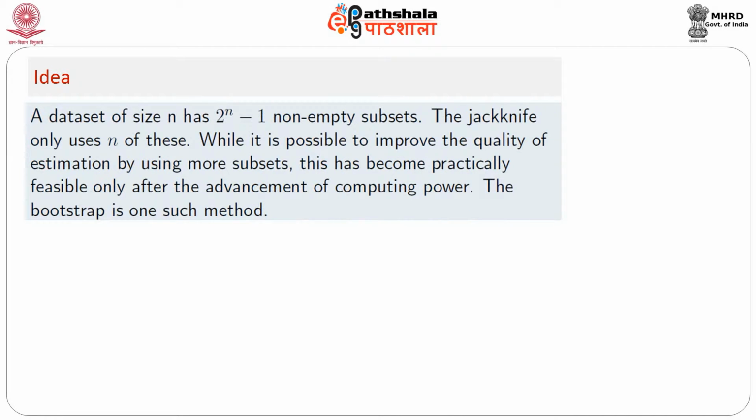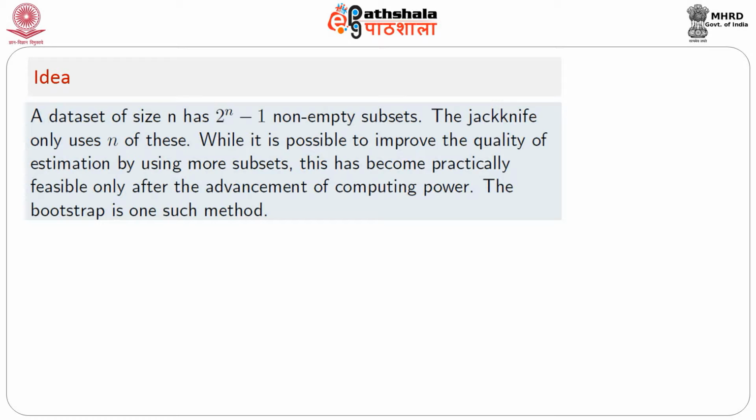Now we take this idea and build an understanding of the bootstrap principle. What is the bootstrap principle? The basic idea is that a data set of size n can have 2 to the power n minus 1 non-empty subsets. Note that the jackknife only uses n of these subsets. We can ideally improve the jackknife by taking more and more subsets from these 2^n minus 1 non-empty subsets.